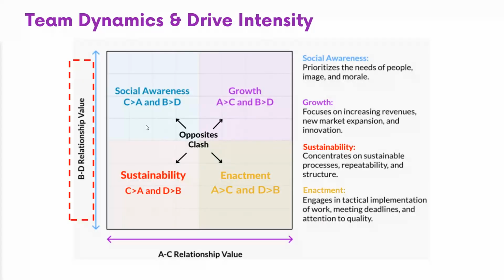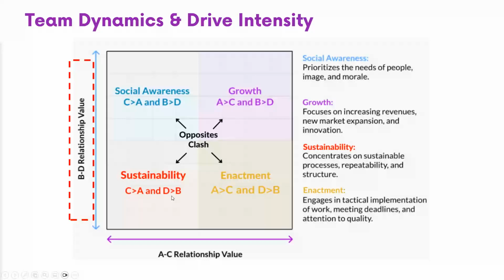Now, the y-axis is looking at the BD relationship. So what does that mean? For example, in the lower left-hand quadrant, we refer to this quadrant as sustainability. Why do we refer to it as sustainability? Because within this quadrant, you're going to find that the C drive is greater than the A drive and the D drive is greater than the B drive.